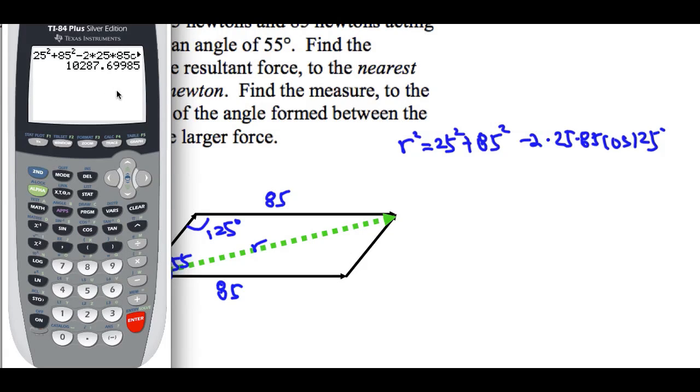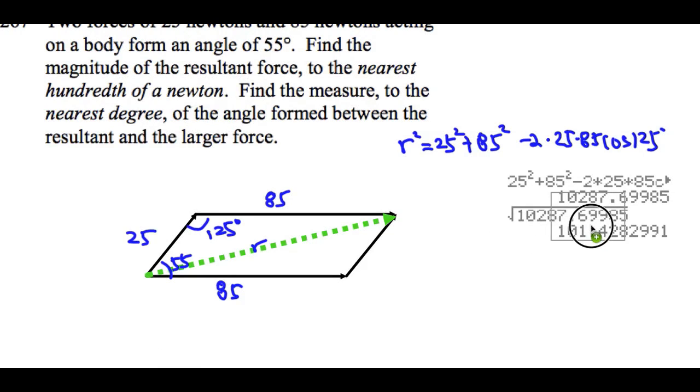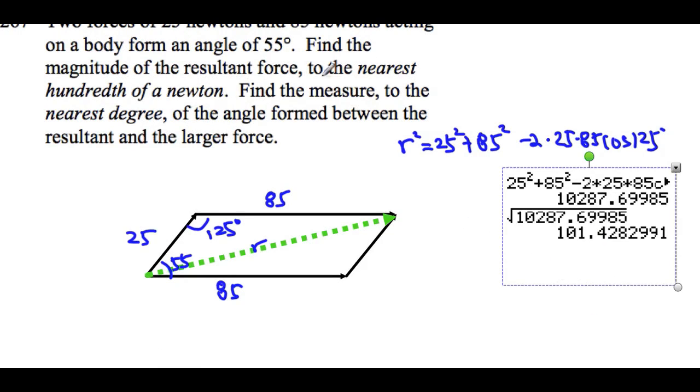Then we get a very large value, but we have to take the square root of it. Then we get 101.43.